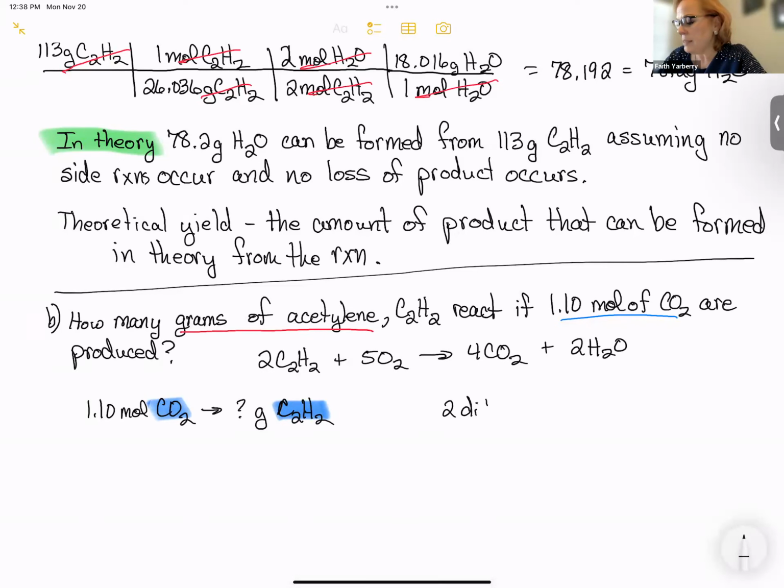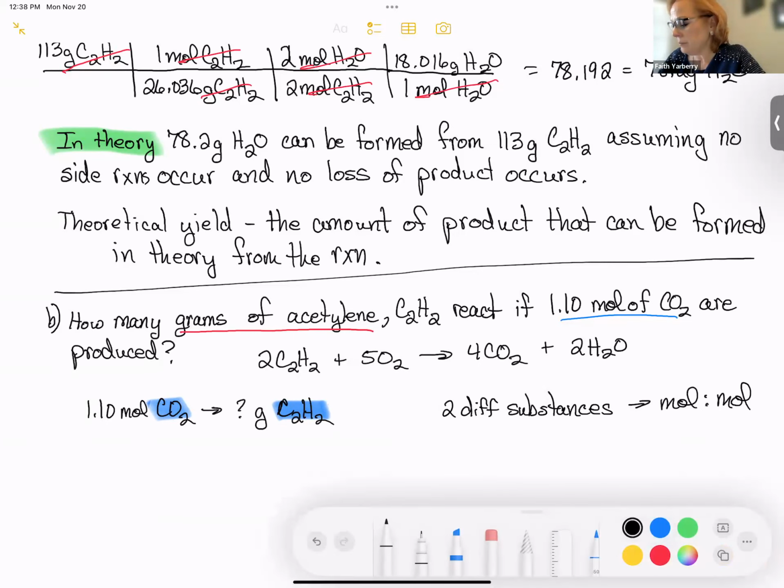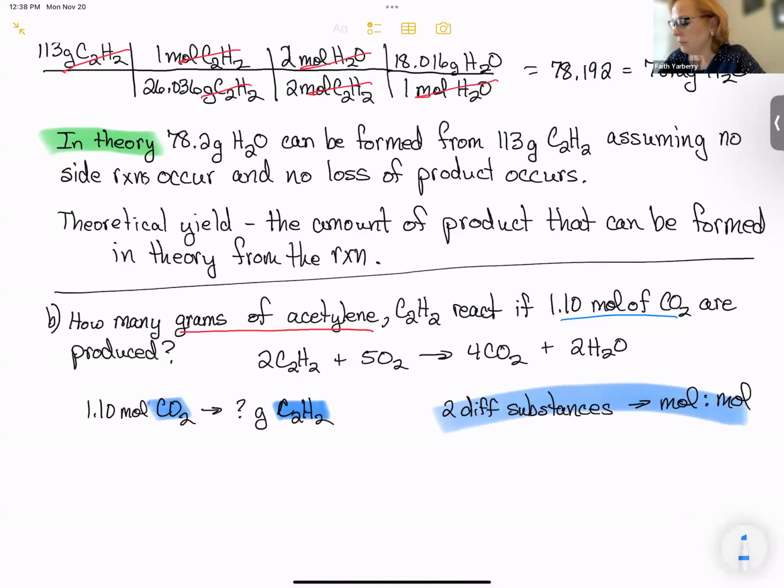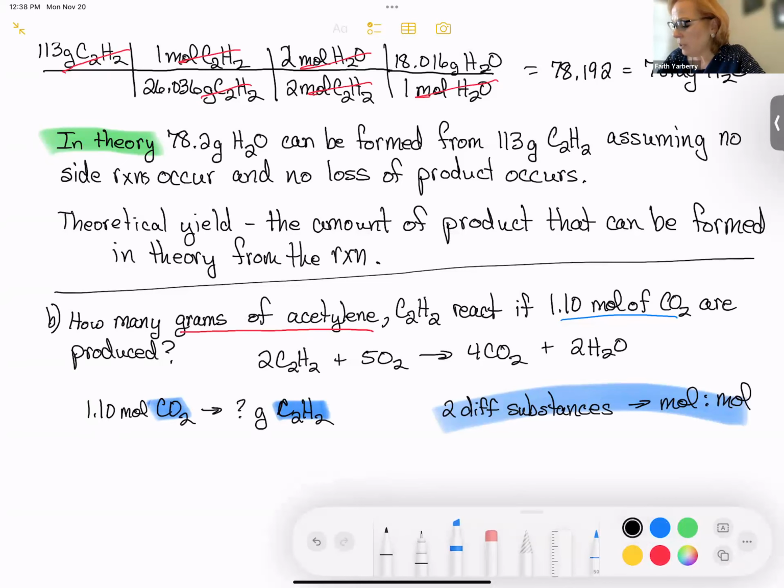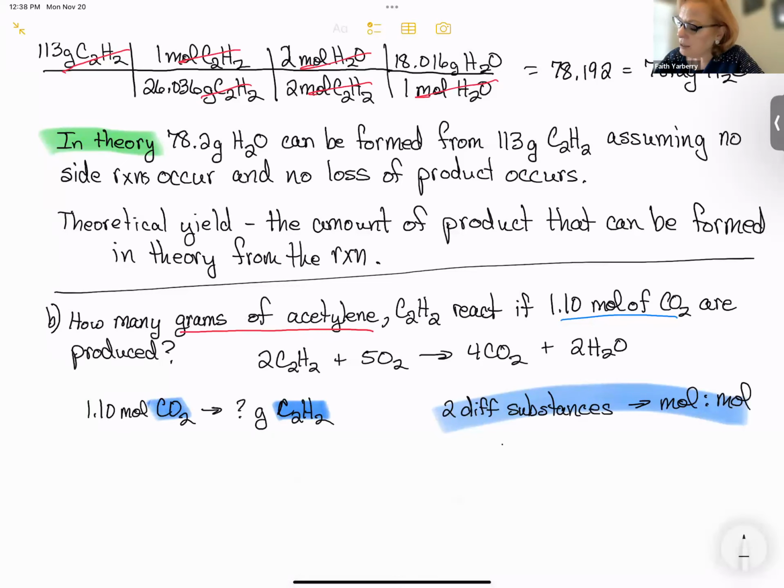Two different substances, which means we're going to need a mole-to-mole ratio. From the balanced chemical equation, we know that there are 2 moles of acetylene to 4 moles of CO2.